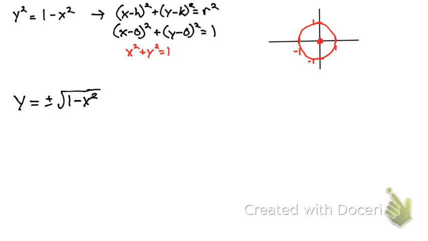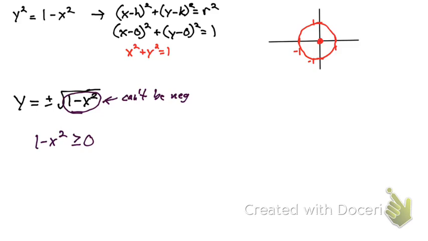Now the only thing that doesn't work underneath the square root is a negative number. So you'd be looking for x values that can't be negative. So I'd be looking for x values that make 1 minus x squared bigger than or equal to 0.